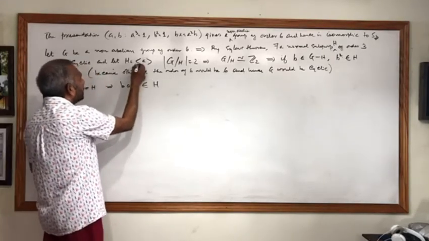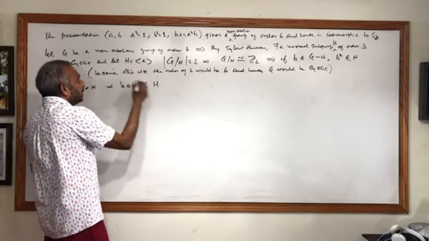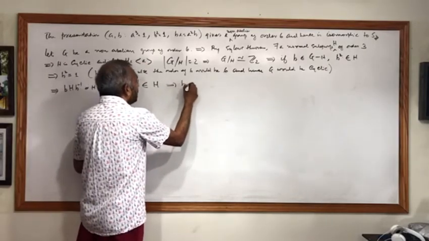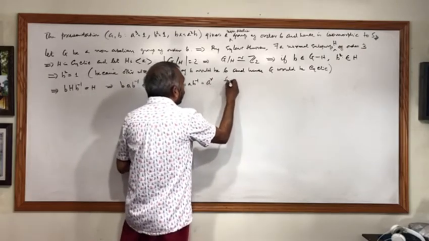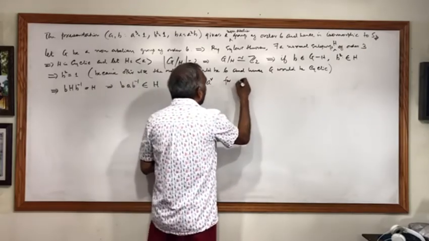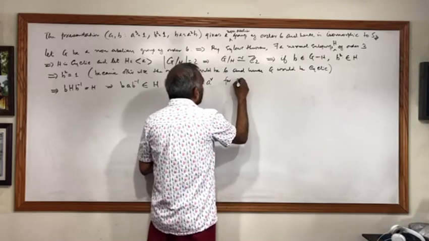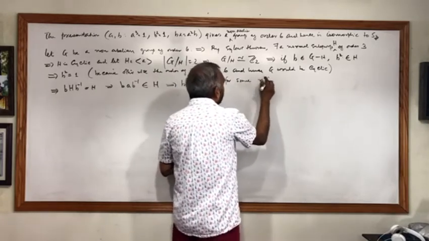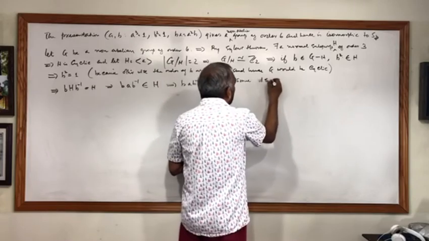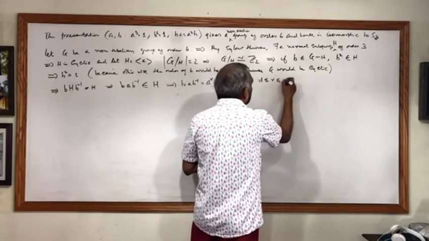H is cyclic generated by A, and that implies B inverse is equal to A to the power of R for some R. Actually that should be 1 less than or equal to R less than or equal to 2.